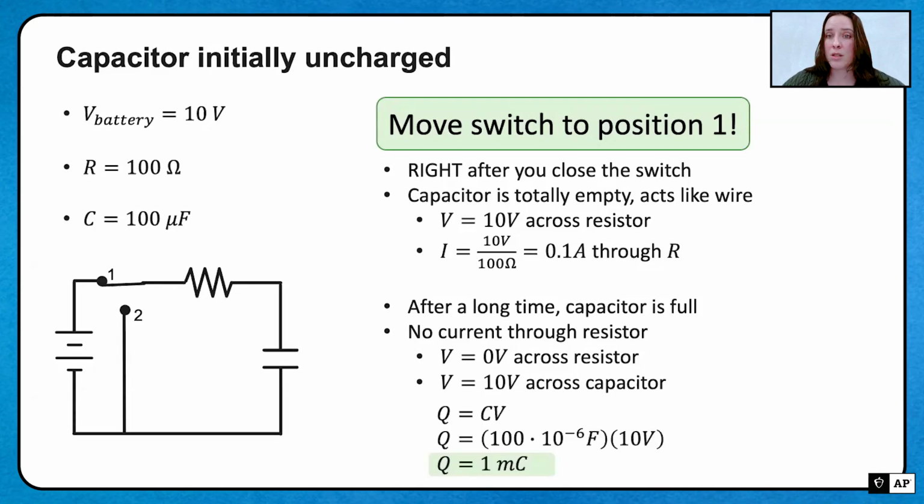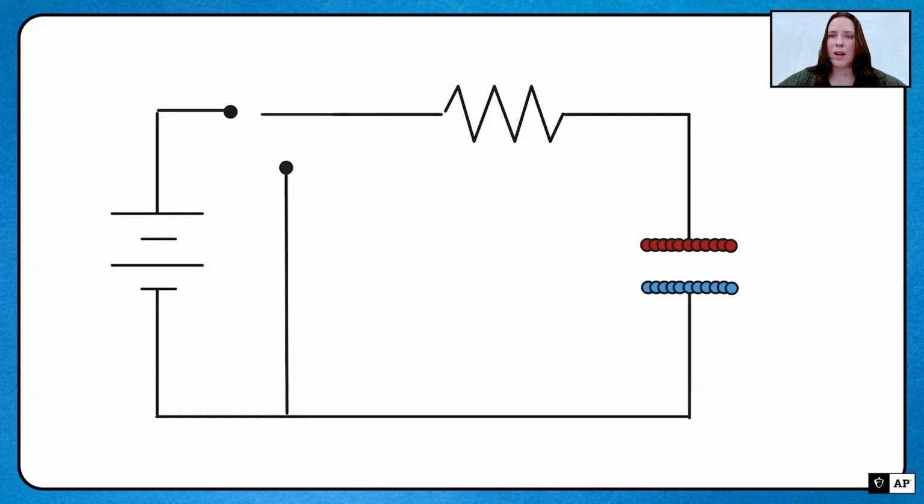And if I know the voltage across my capacitor and its capacitance, I can figure out the charge that got stored on that capacitor using our Q equals CV. So if my capacitance is 100 microfarads and my voltage is 10 volts, I end up getting 1 millicoulomb of charge stored across that.